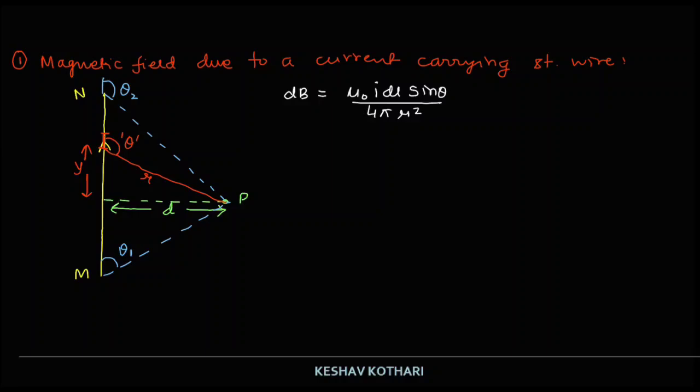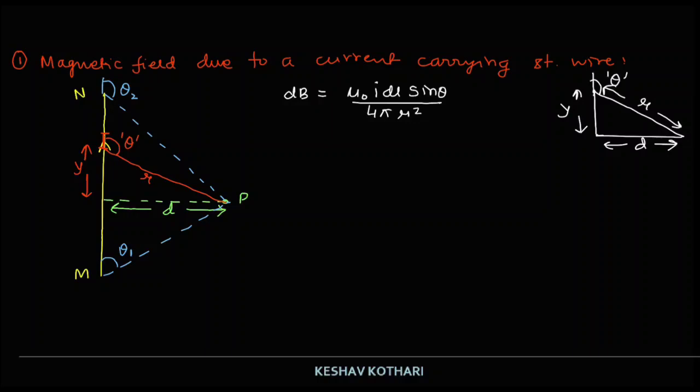And from the diagram, if we consider this length segment, I can draw this triangle over here, where this is y, this is d, this one is r, and the angle theta which we have calculated over here is this one.